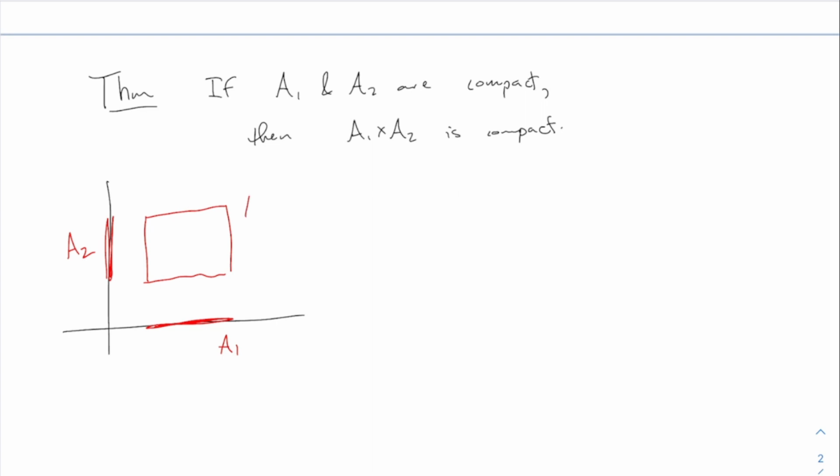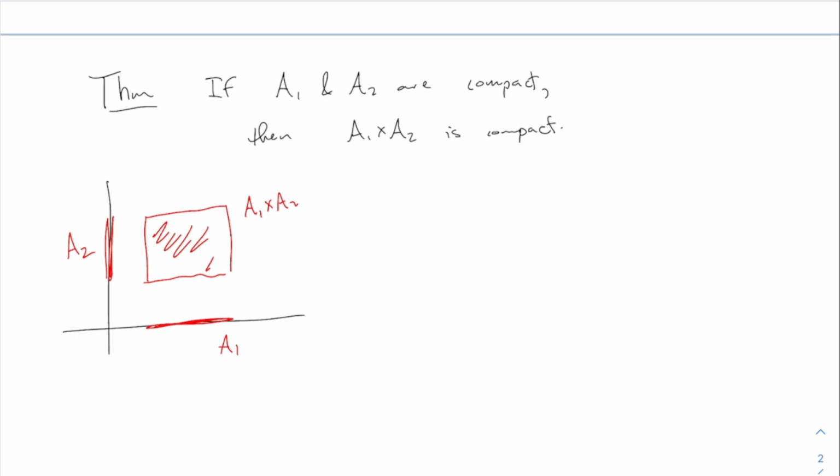All right, this is A1 cross A2, of course including the stuff on the inside. This is what a product will typically look like. And like I said before, from the point of view of closed and bounded, if A1 is closed and bounded and A2 is closed and bounded, that means automatically this box will also be closed and bounded. But I don't want to think in terms of closed and bounded. I want to think in terms of open coverings.